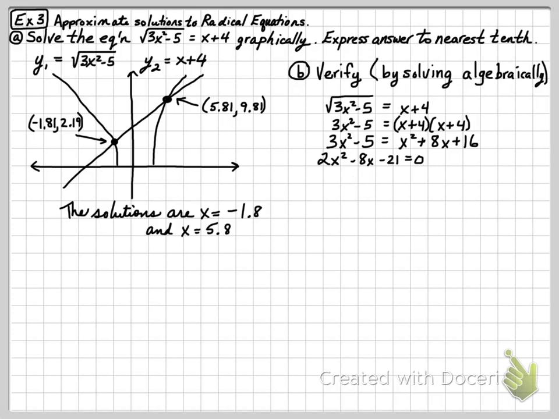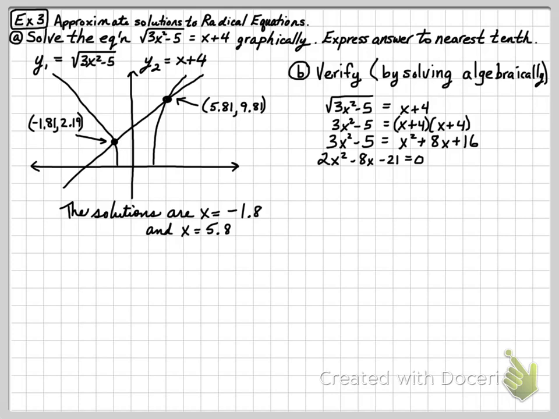Now we have to bring everything over to one side. By subtracting an x squared from both sides, you're going to get 2x squared. Subtract 8x from both sides, minus 8x, and subtracting 16 from both sides, minus 21 is equal to 0. So now what you have is a quadratic equation.